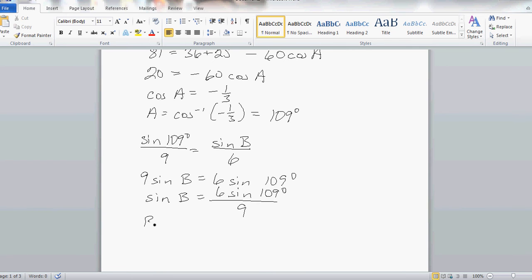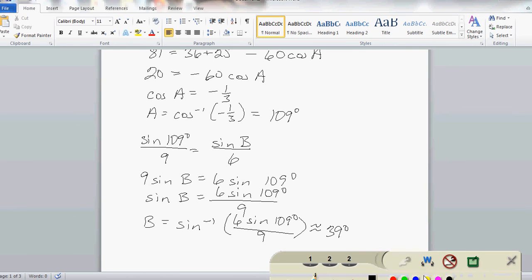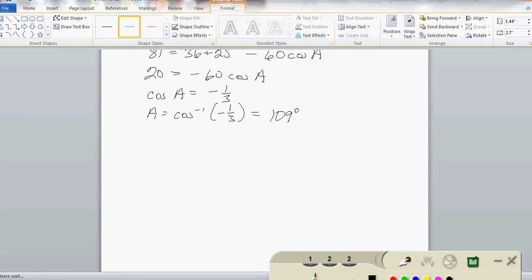Then take the arc sine of both sides. Since this is an angle, we can round to the nearest degree. So arc sine of 6 times sine of 109 degrees divided by 9 is equal to 39 degrees. So angle B is 39 degrees.